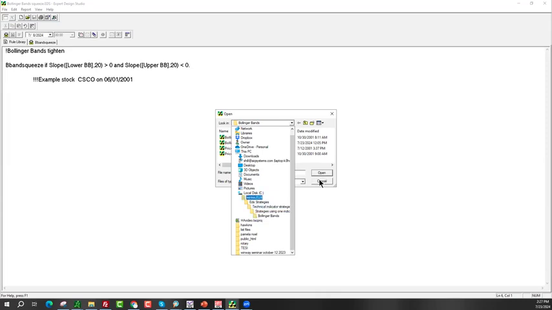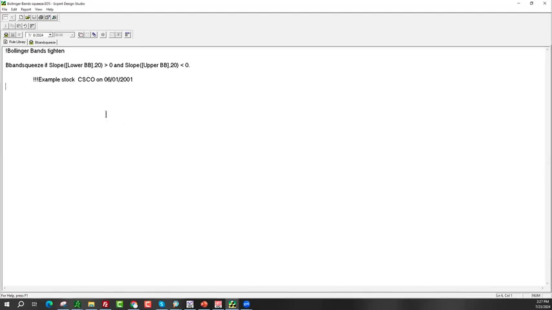I open the Bollinger Band Squeeze, and the way it is defaulted in the system, boy, that's a long time ago, 2001, shows you how long we've been doing this. The default setting uses a slope of 5 days. So it looks for the slope of the lower band to be going up for 5 days, and the slope of the upper band to be going down for 5 days.